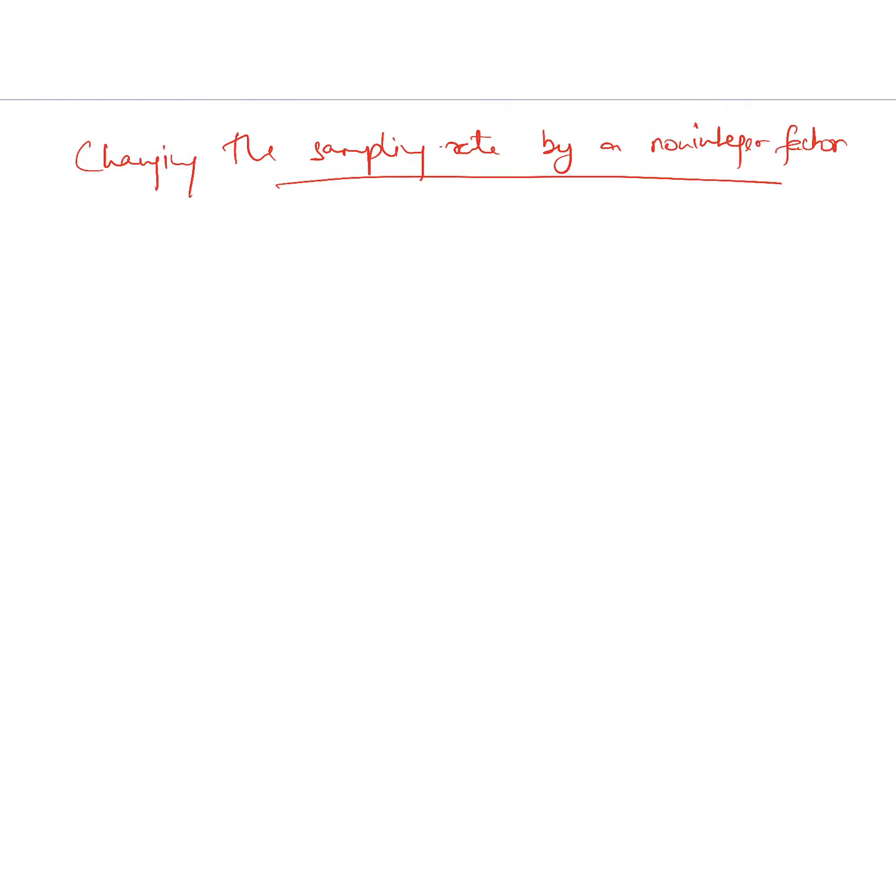First of all, given this x of n, we upsample it by some integer factor L, which will give your xe of n, and pass it to the low pass filter with gain L and cutoff frequency pi by L. This will give you your xi of n.